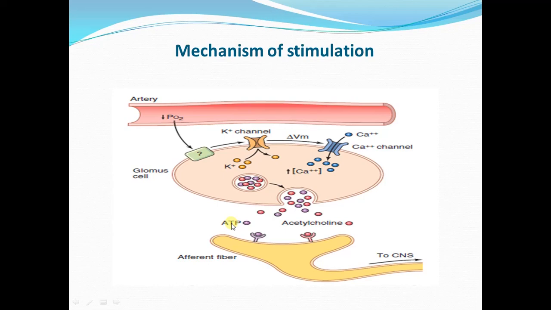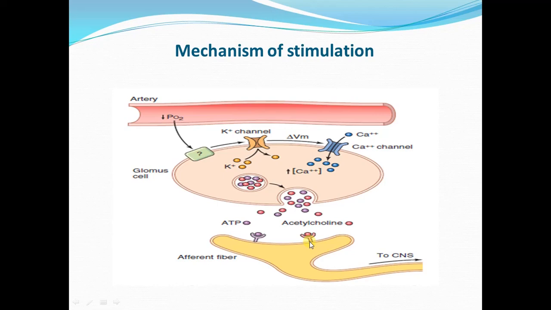Now the neurotransmitter which is released will bind with the receptors present in the afferent nerve fibers that innervate these receptors. I just told you that aortic chemoreceptors are innervated by the vagus nerve, and their nerve fibers are transmitted to the brainstem through the vagus nerve.